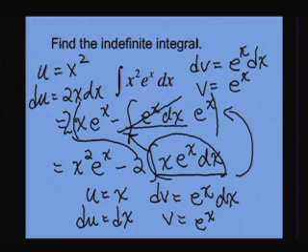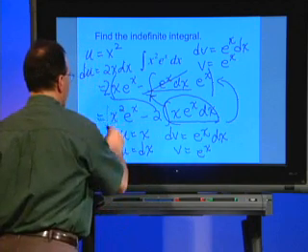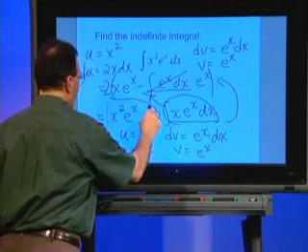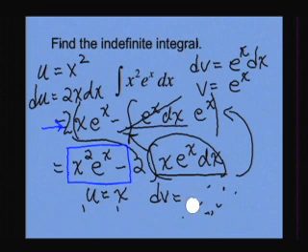So let me use a different color to show where we are. We have this with the minus sign, and I'm subtracting this part right here. So let me do that at the bottom of the screen, bring it all together for us.